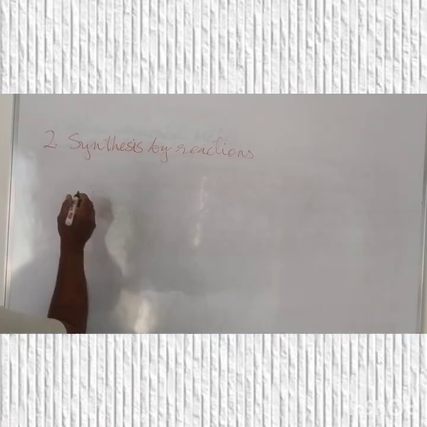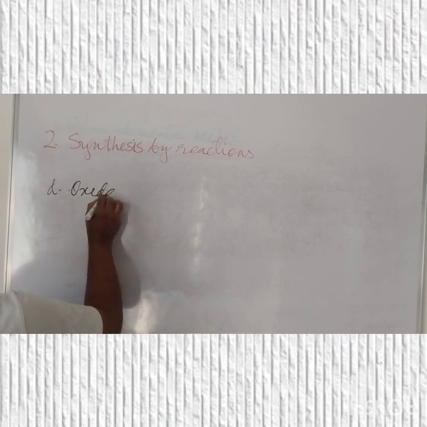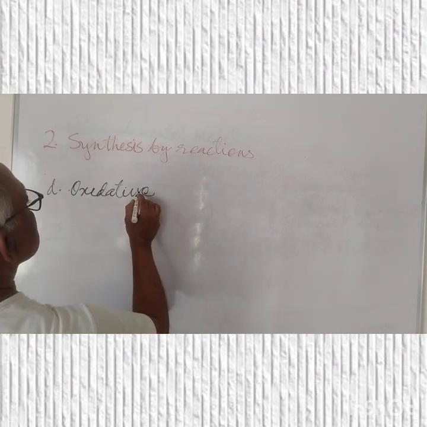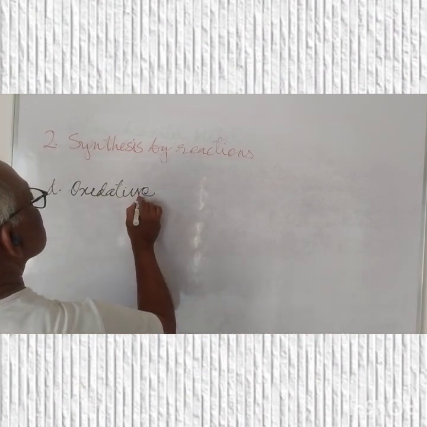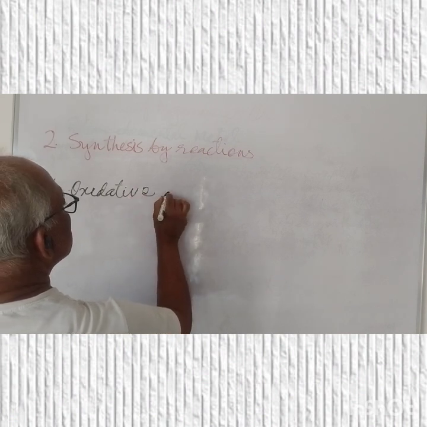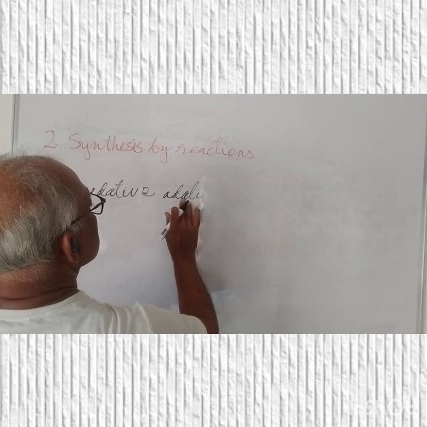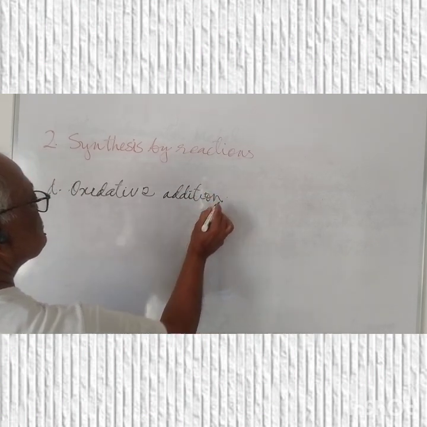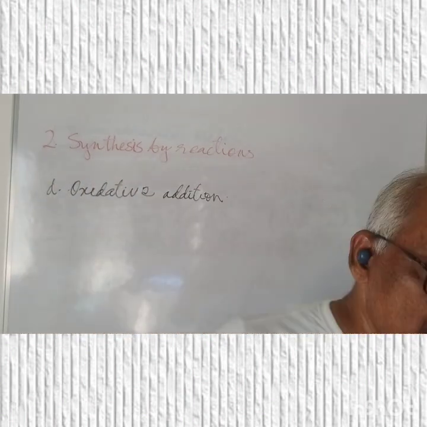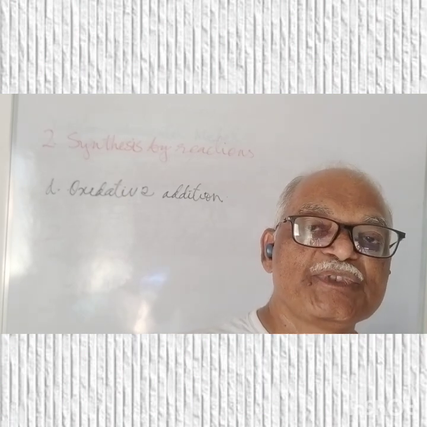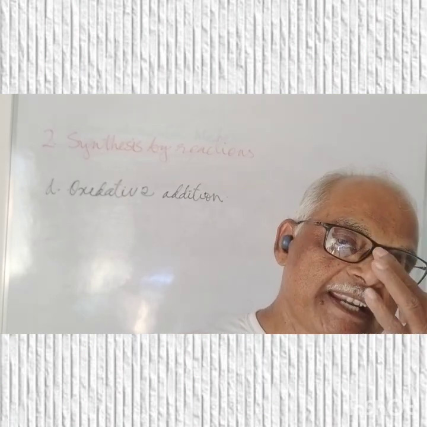So this is general representation. Now the oxidative addition. Here, during this oxidative addition, the addition takes place with increase in the oxidation state of the metal.